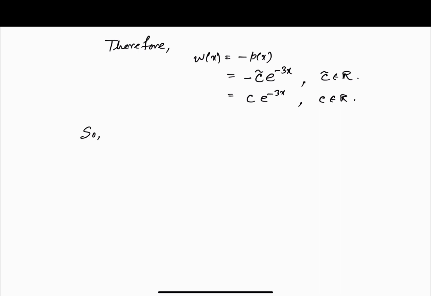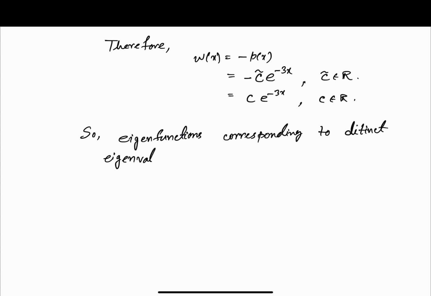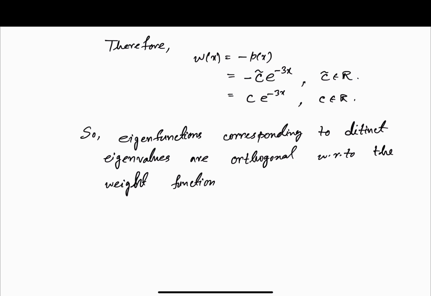So eigenfunctions corresponding to two distinct eigenvalues are orthogonal with respect to the weight function, because the constant we can always ignore, since multiplying by a constant does not matter.